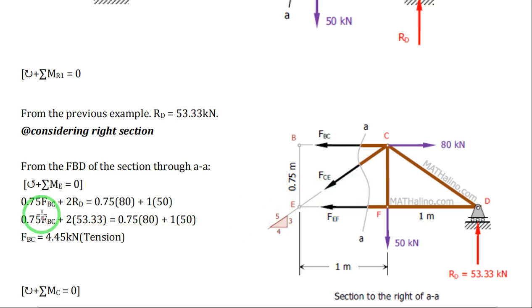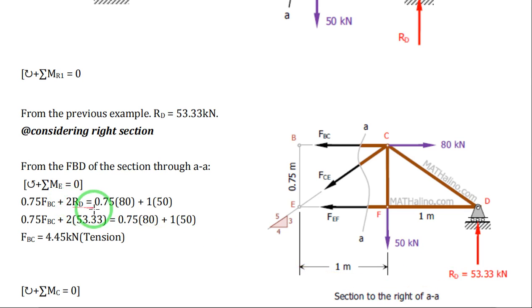For FBC, the moment arm will be 0.75. So we have 0.75 FBC plus 2 RD. EF is 1, FD is 1, so the moment arm for RD will be 2 meters.